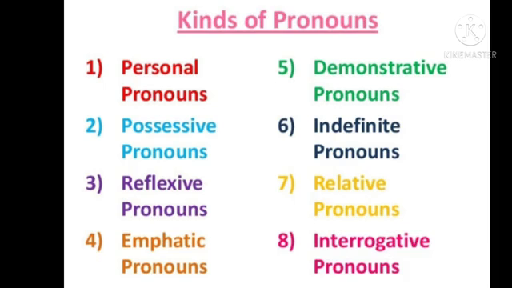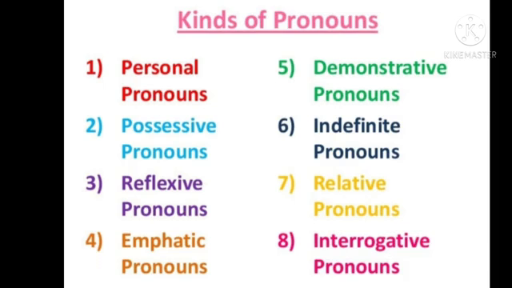Then we have the reflexive pronoun. Reflexive pronoun means the words that end with self. And in 90% of sentences it will be seen at the end of the sentence, just nearby to the verb, not nearby to the subject.